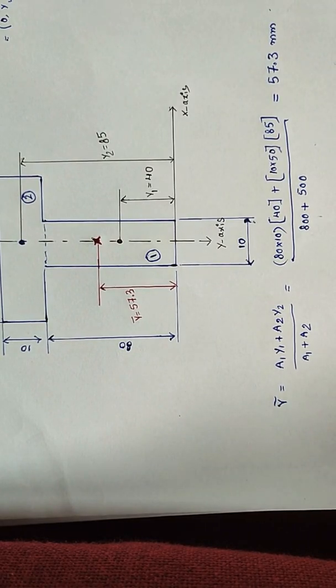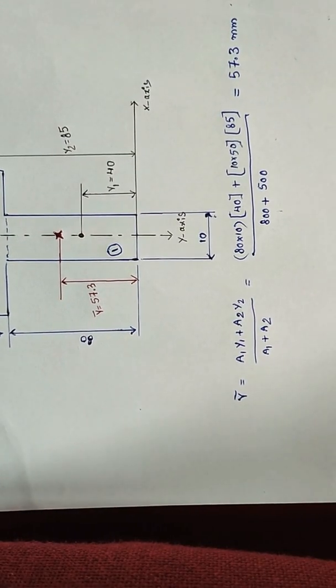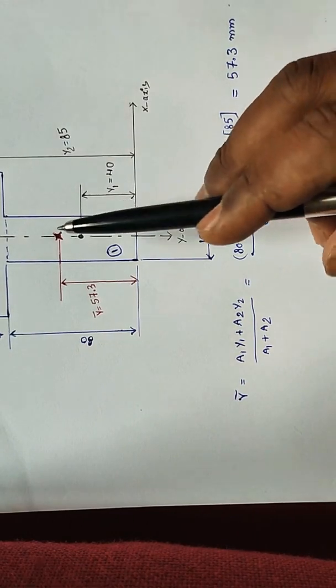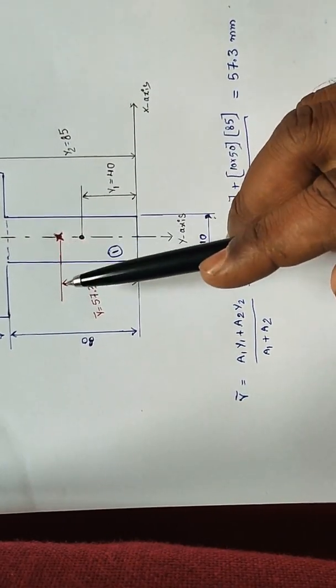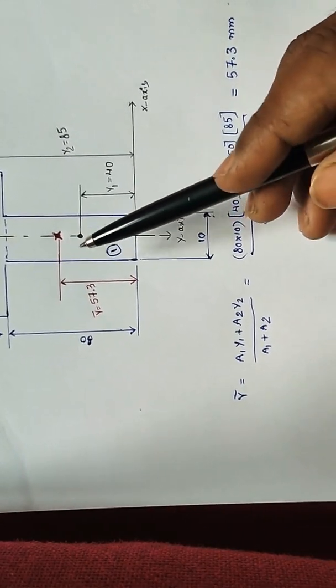Now we are going to find the moment of inertia of this T section about the centroidal axis. Centroidal axis means the axes which are passing through the centroid. So here we are assuming the x-axis which is passing through the centroid and the y-axis which is passing through the centroid.